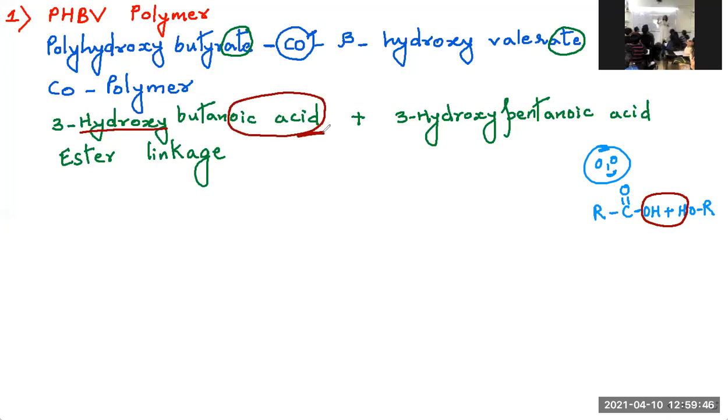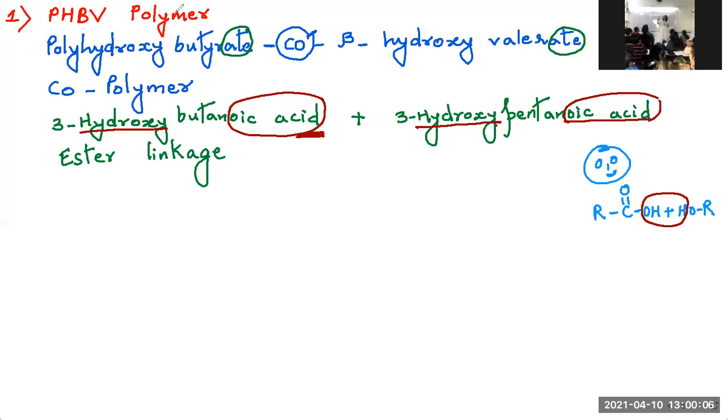So this acid group will combine with this hydroxy, where the acid group will lose OH and the hydroxy group will lose the H. And same way pentanoic acid with the next hydroxy. Are you getting me? Yes, ma'am.